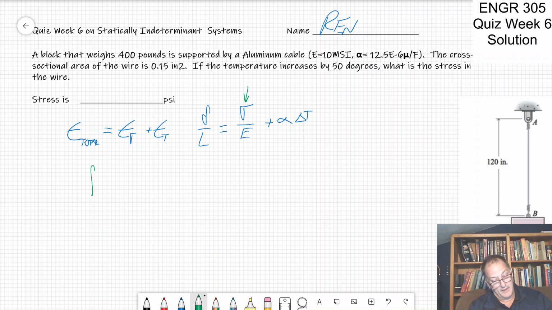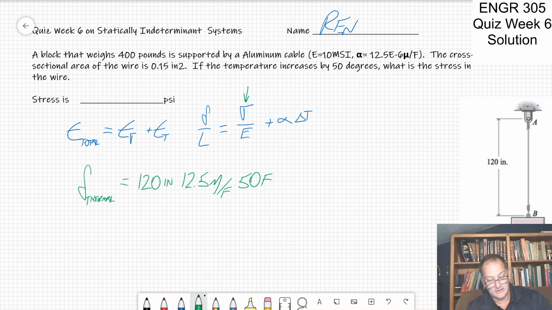So I might want to do delta from the thermal as a check equals 120 inches times alpha, which is 12.5 micro, as you guys appropriately called out, per degree F, and then delta T, which was 50 degrees F.